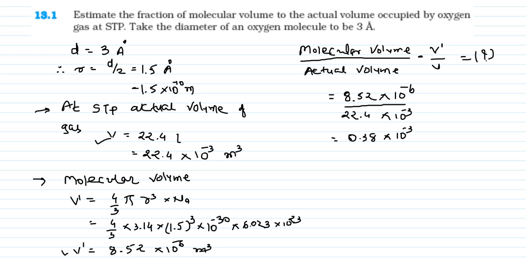Or nearly you can say 3.8 into 10 raised to minus 4. So, it is nearly equal to 4 into 10 raised to minus 4. This is the ratio of molecular volume to actual volume.